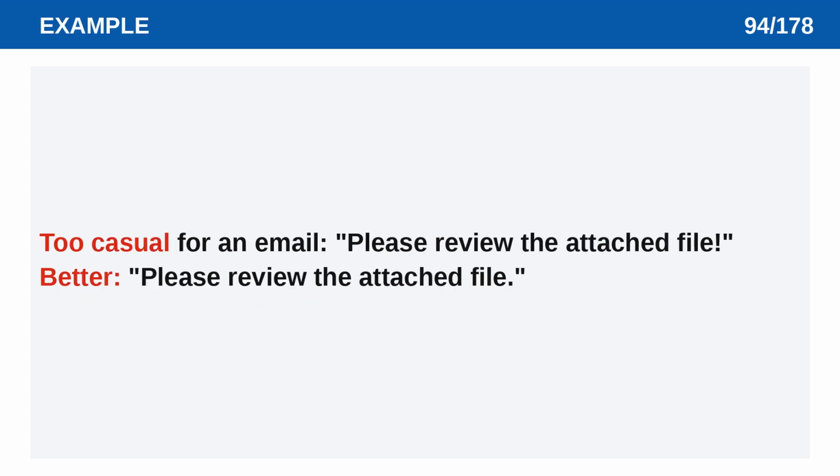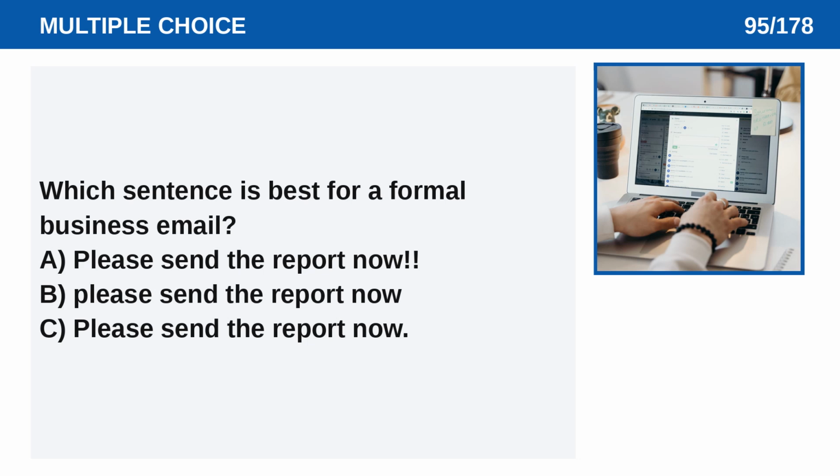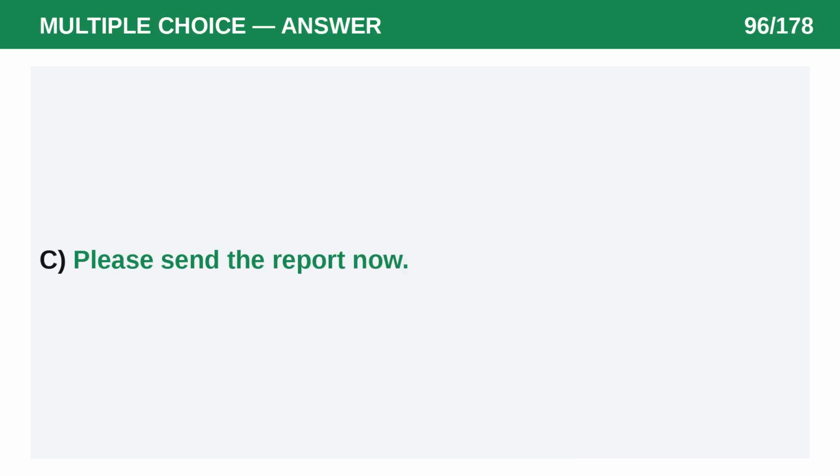Please review the attached file, with an exclamation point, sounds too excited for a work email. The same sentence with a period sounds calm and professional. Which sentence is best for a formal business email? The correct answer is please send the report now.